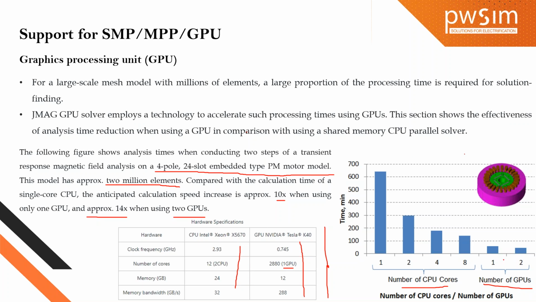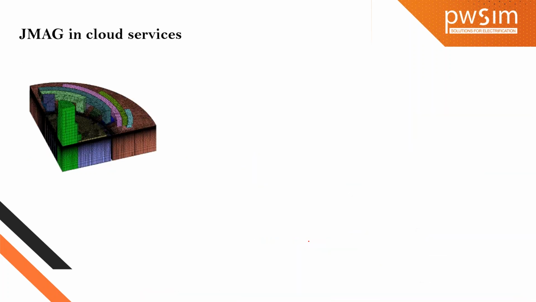So if you compare 650 to just 50, it is reduced 10 times. Almost 10 times faster than the normal CPU core. Similarly, for two GPUs, it is 14 times faster than the normal CPU core. So this is the calculation example for the GPU compared to the SMP and MPP solver.